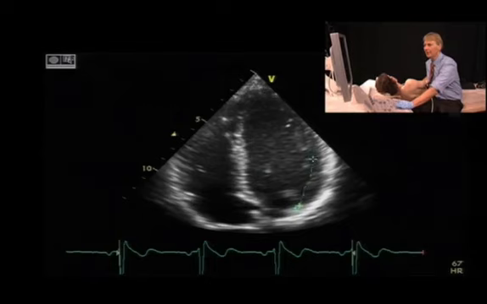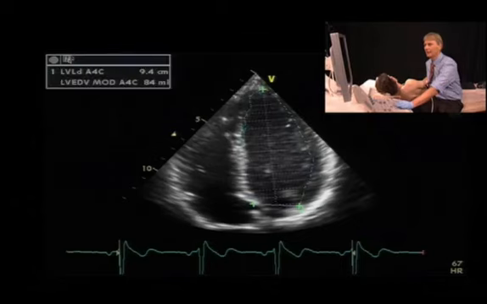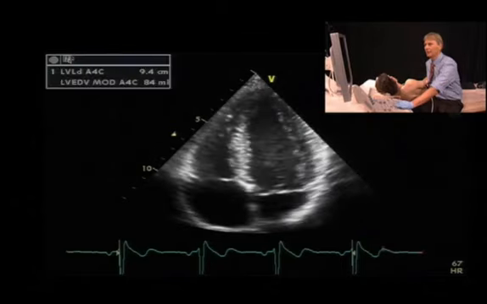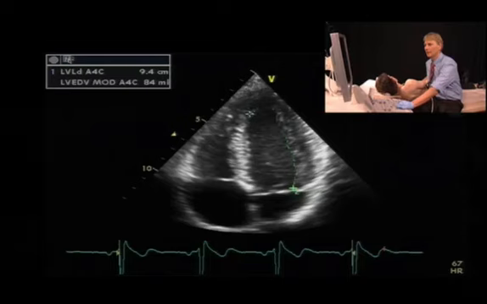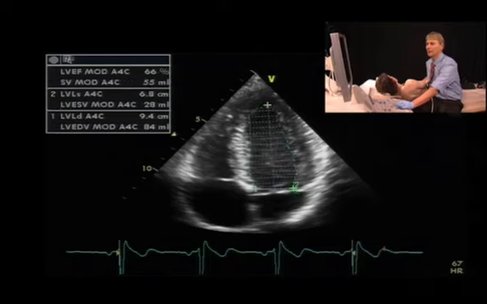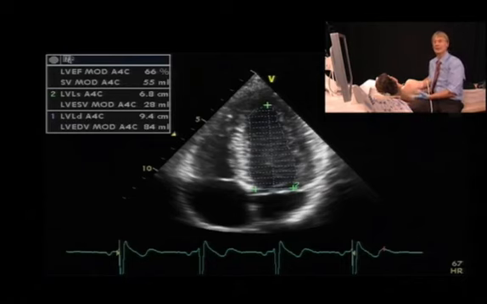We trace the endocardial surface, omitting the papillary muscles. And we do the same thing for systole. Okay, systole, it's usually easier to track the endocardial surface. And we get an ejection fraction of 66, which is normal.